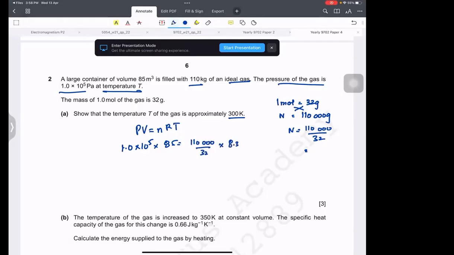Okay. Now you tell me the answer. What would be the answer then? So 297.6. 297.6, which is approximately equal to 300 Kelvins.